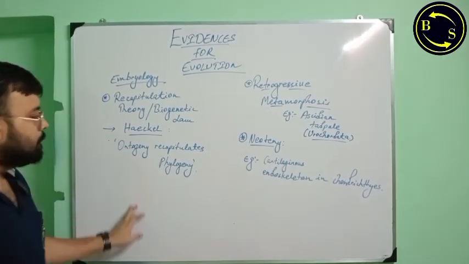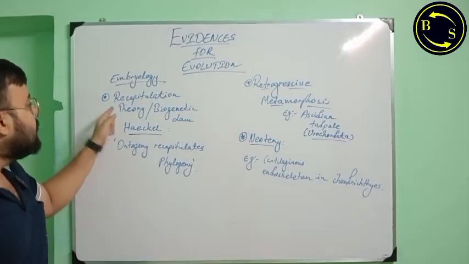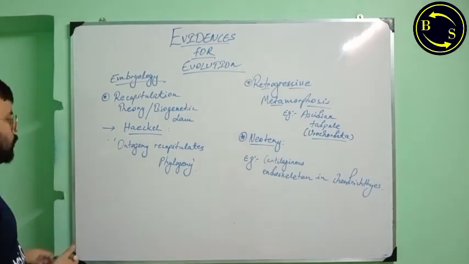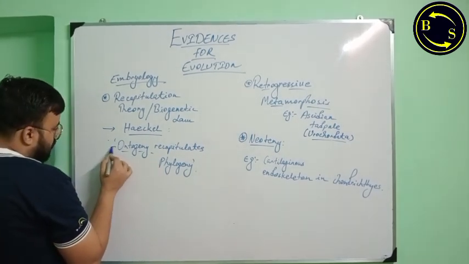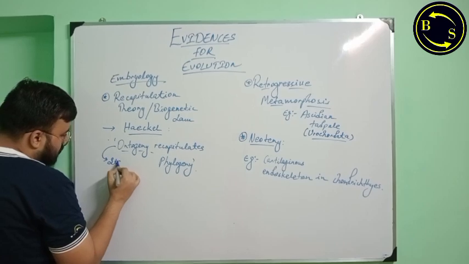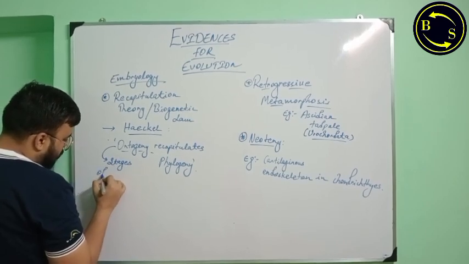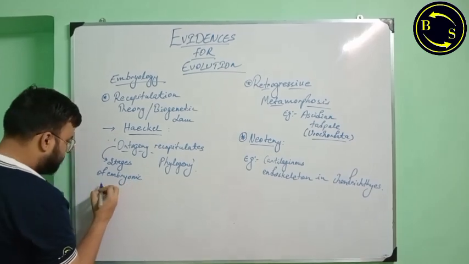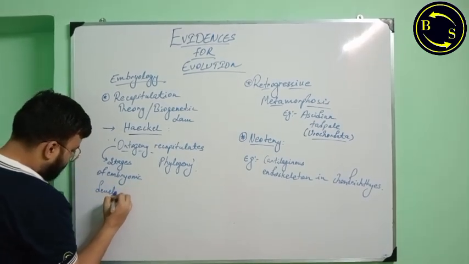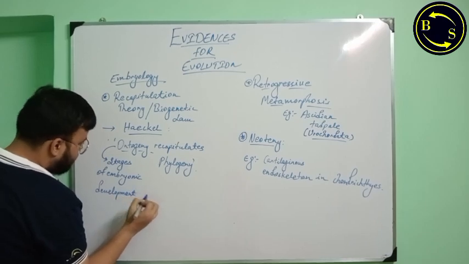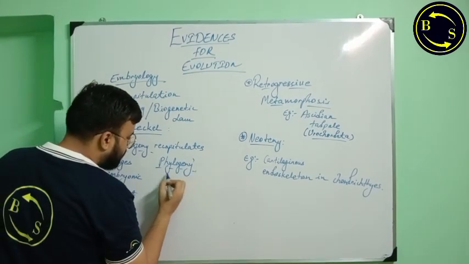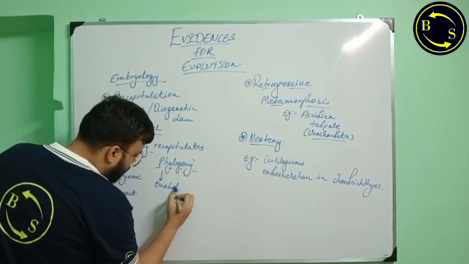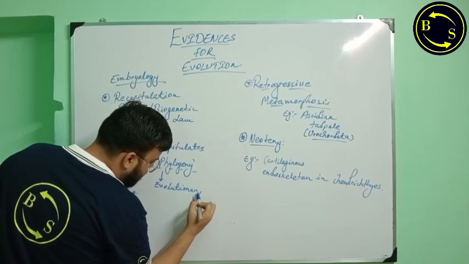So, what is ontogeny? What is phylogeny? And why recapitulation? Let us understand. Ontogeny refers to the stages of embryonic development, whereas phylogeny refers to evolutionary relationships.